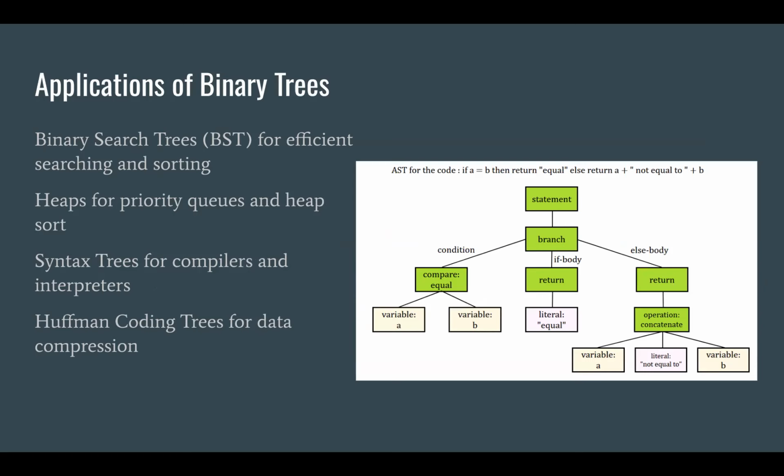And heaps are specialized trees that is used for priority queues and sorting algorithms. And syntax trees are used in compilers and interpreter to parse and execute programming languages. Huffman coding trees is another example. Is used for compression algorithms, minimizing file sizes without losing data.